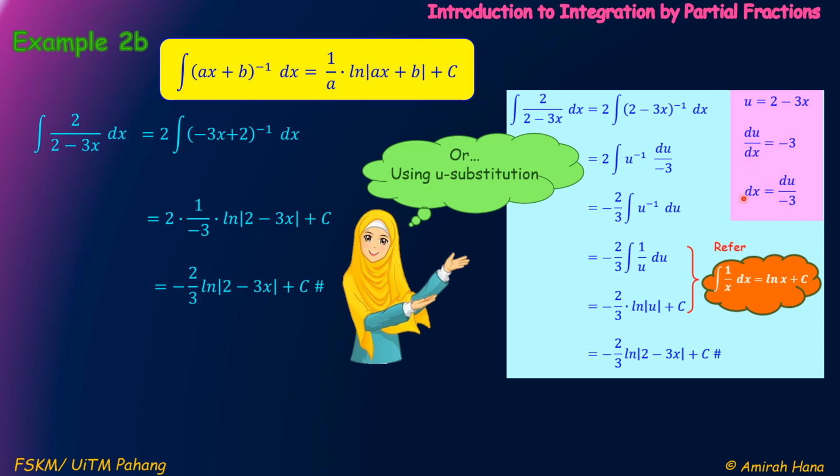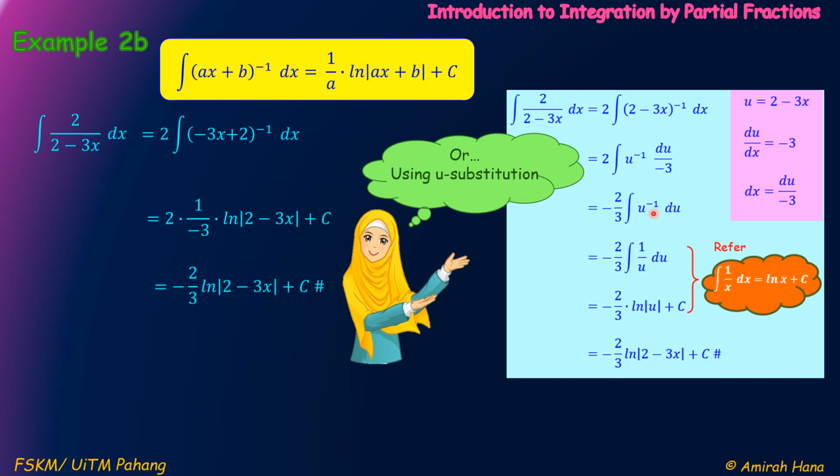After that, we substitute back into this function. So we have 2 times the integration of the function in the bracket, which we replace by u, and dx we replace by du over negative 3. Then we can move the denominator negative 3 outside the integration sign. So we have negative 2 over 3 outside the integration sign, and then u to the power of negative 1 du.